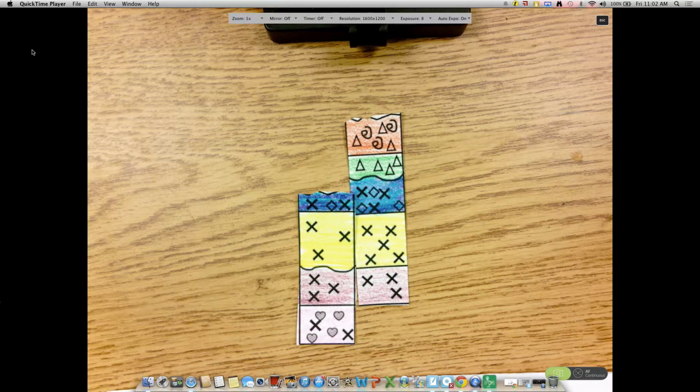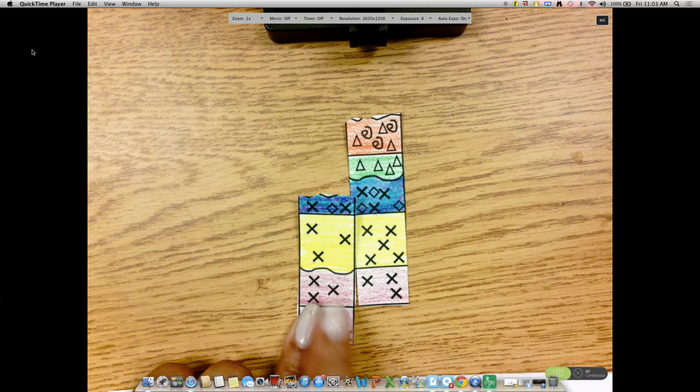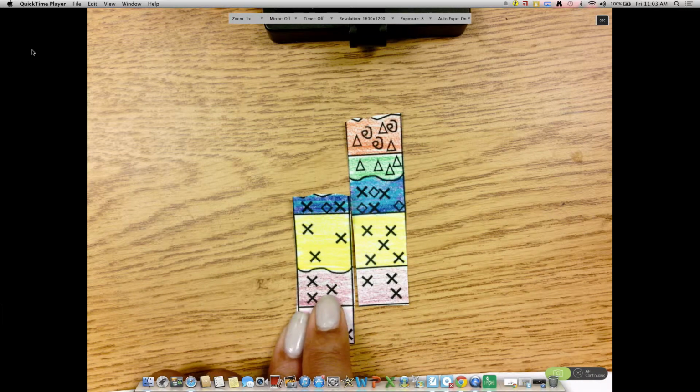Non-deposition and erosion. Considering the fact that this rock layer here has a rock layer and there's an unconformity, what type of unconformity is this? Erosion. Not non-deposition because the rock layer is there.